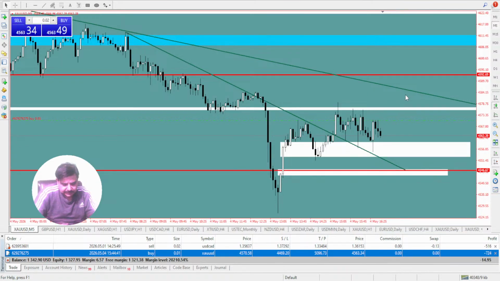Price action trading strategy ABCD plus Fibonacci, and then come back and see this chart, what I say and what it is doing. Let's see, I'm waiting just for this level.